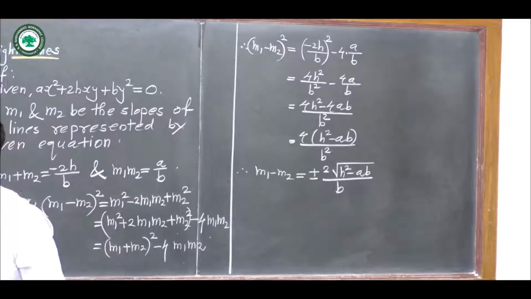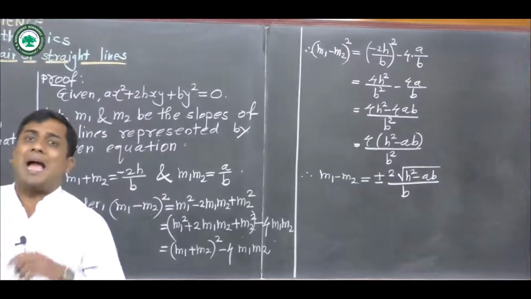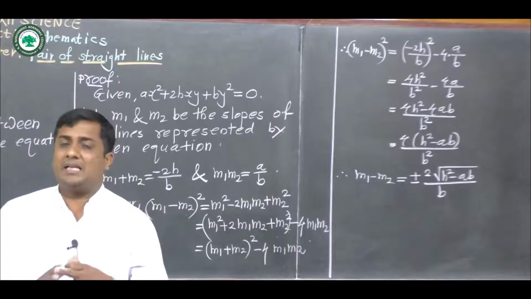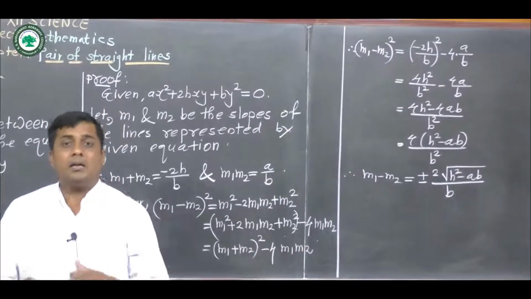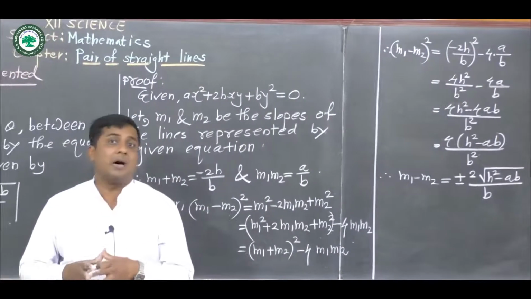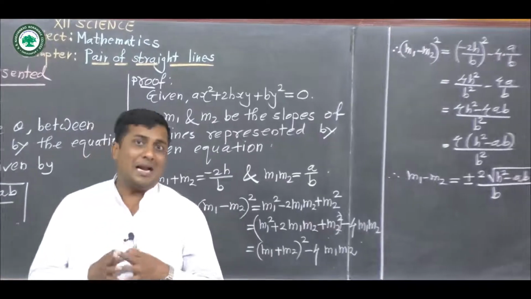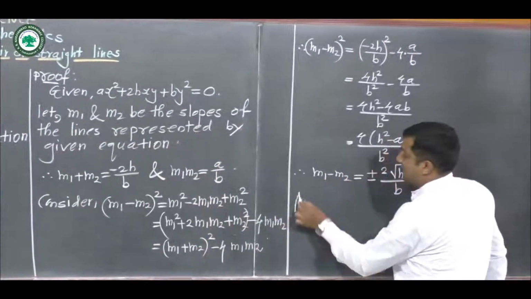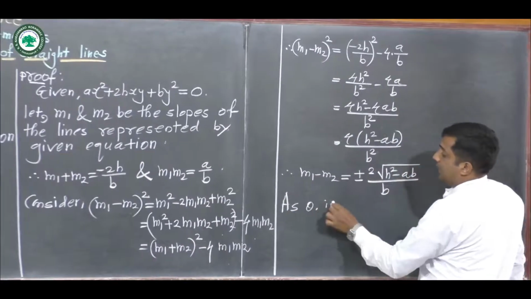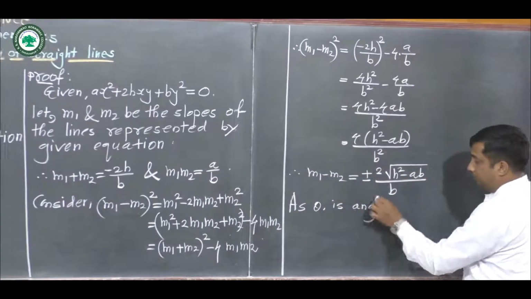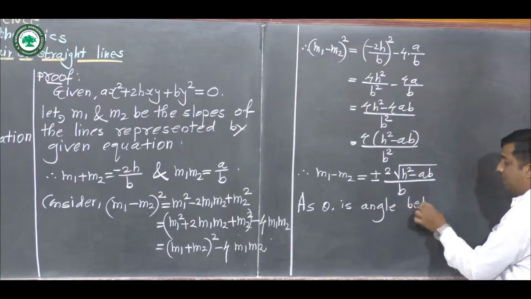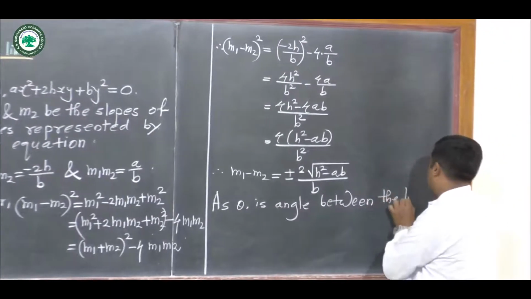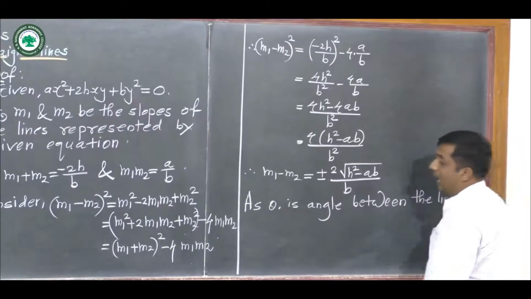Now we know one formula for the angle between lines. If theta is the angle between two lines, then we know one formula related to the slopes. Here we consider theta as the angle between the lines.